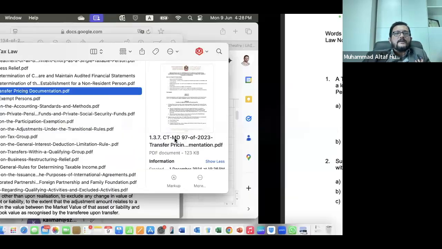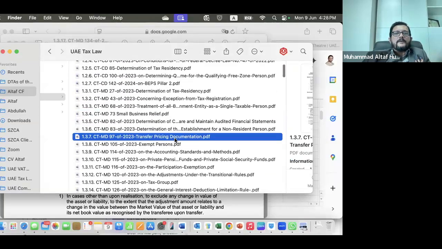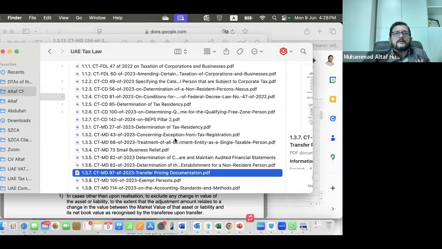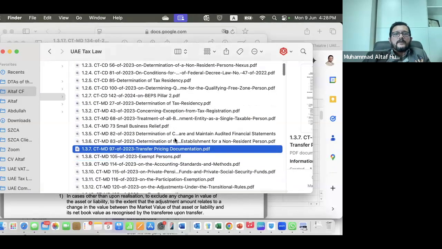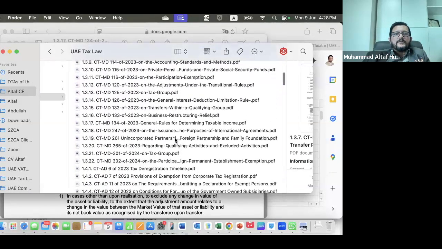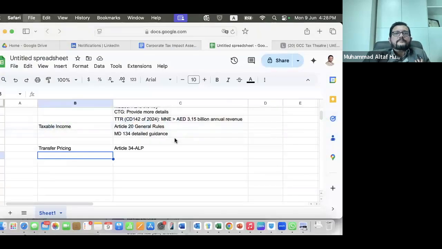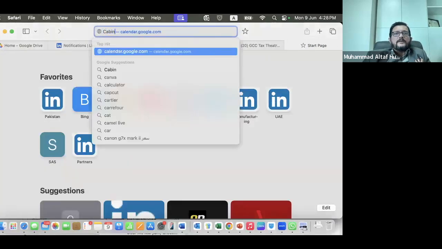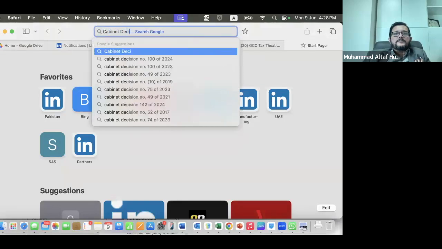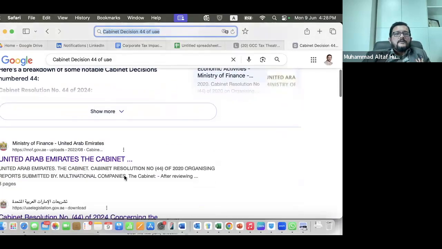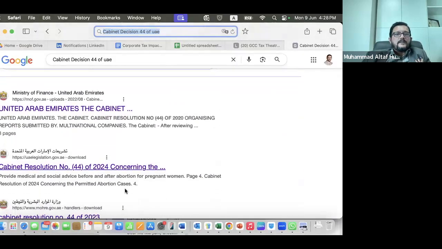Okay, let's check. Cabinet decision number. Maybe I don't have it, but okay, CD 44. Let's have a look at it. Cabinet decision 44 of UAE, it will come. Yes, where is it? Here, yes, there it is.